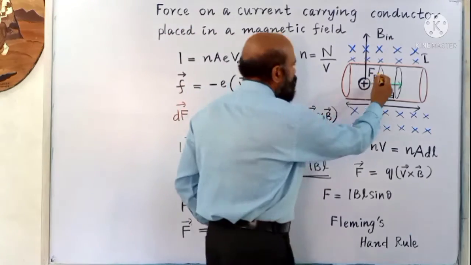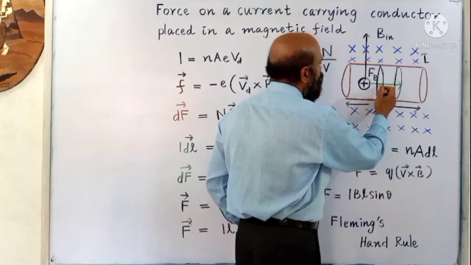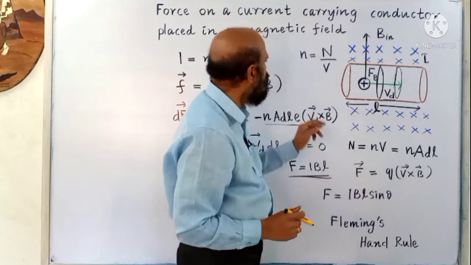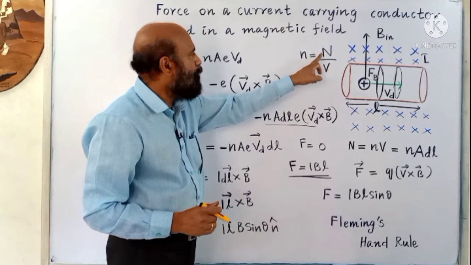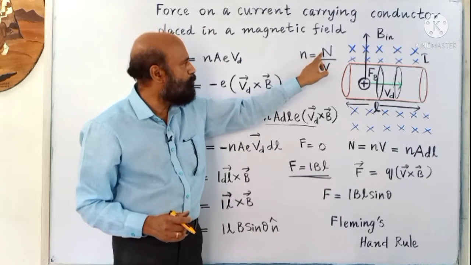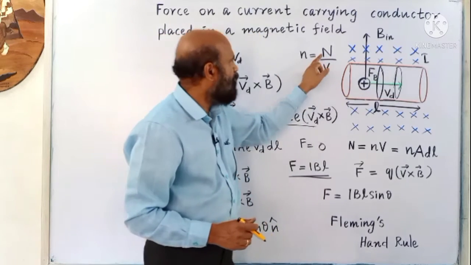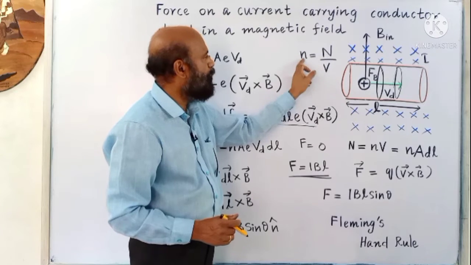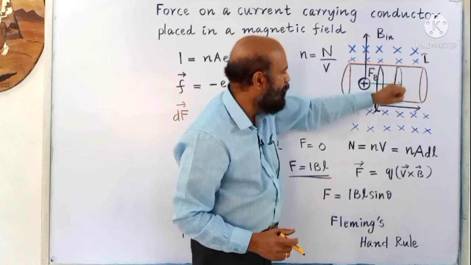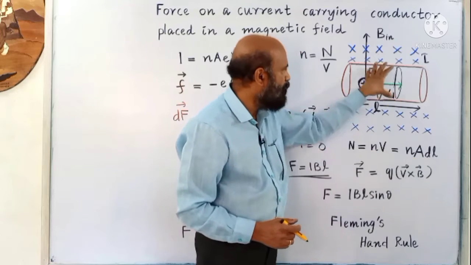Then consider a small volume of length dl. This volume is area of cross section multiplied by length. The total number of electrons is capital N, and the number of electrons per unit volume is small n. n is equal to capital N by V, so the number of electrons can be written as n times V. Volume of this part is A into dl.